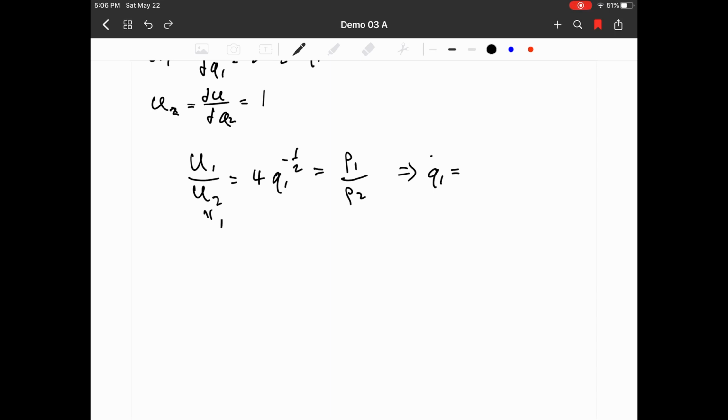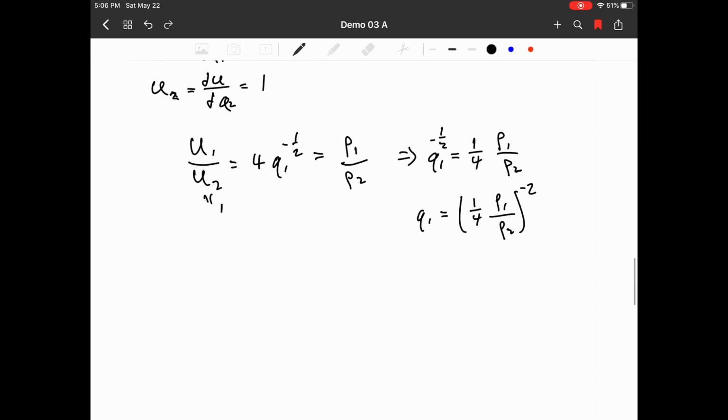So this is 1/2 times 1 over 4 P1 over P2. Okay, and then we're going to raise both sides to the -2 exponent. So we have Q1 is equal to 1/4 P1 over P2, to the -2.